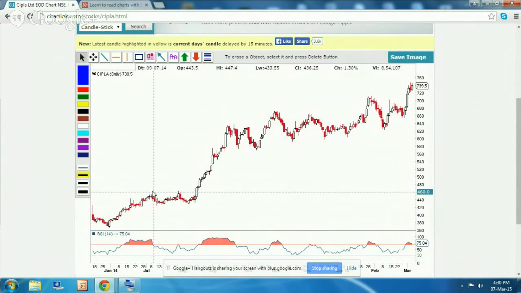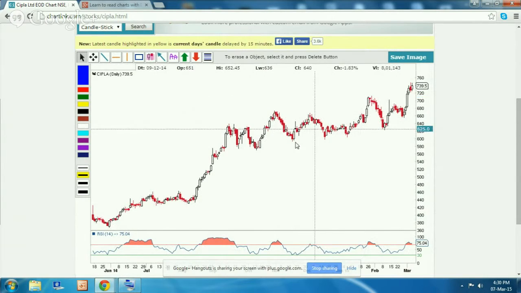The first thing we want to decide is the trend of this chart. How do you do that? Just look at the tops. This is top 1, which I am showing, top 2, 3, 4. All these tops are going up and up, except for a sideways movement here.